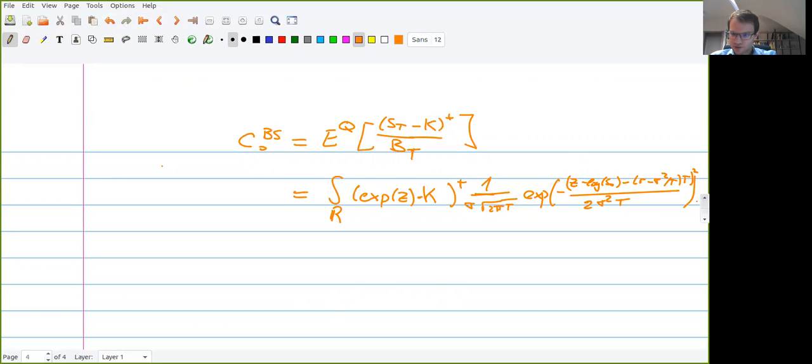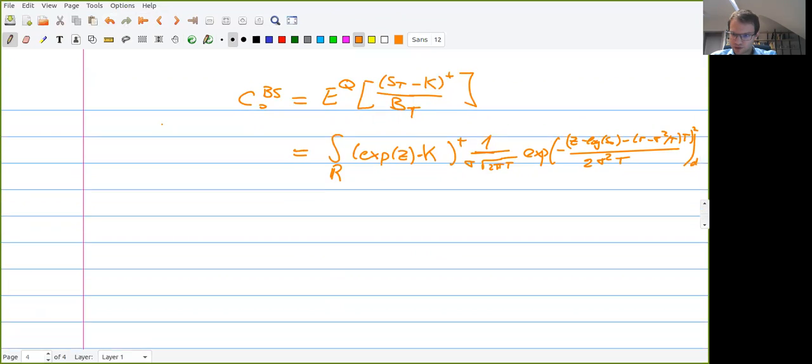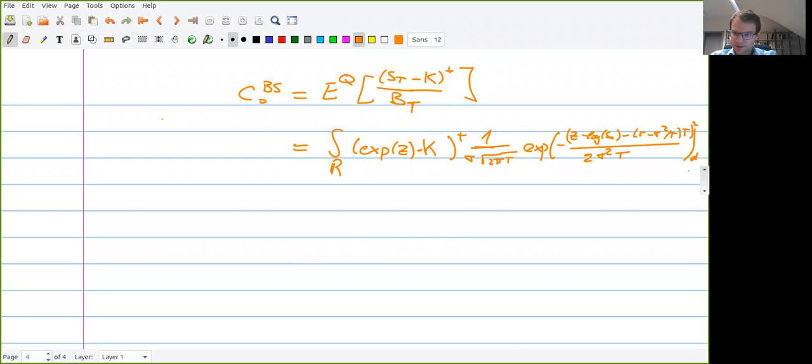You have here the exponential function. This is an integral with respect to dz. There's a 2 missing.